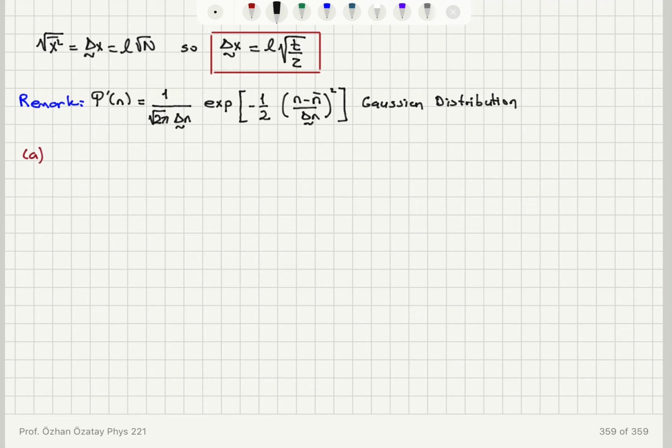So if we were to plot this for the probability distribution function of x as a function of x, I'm assuming I have a wire that is stretched out between points minus L and plus L here.